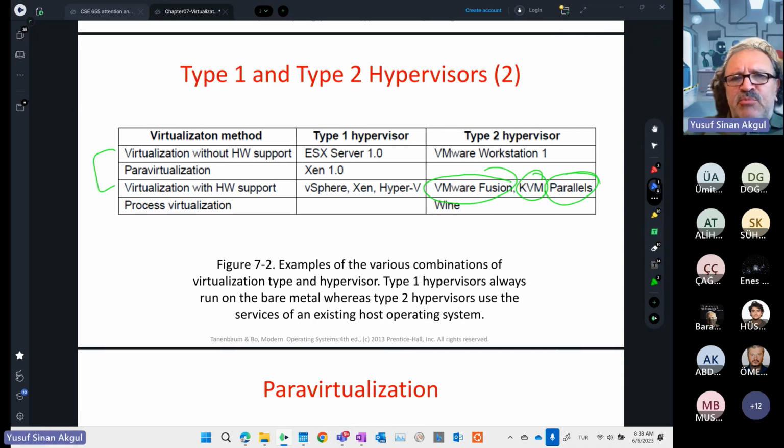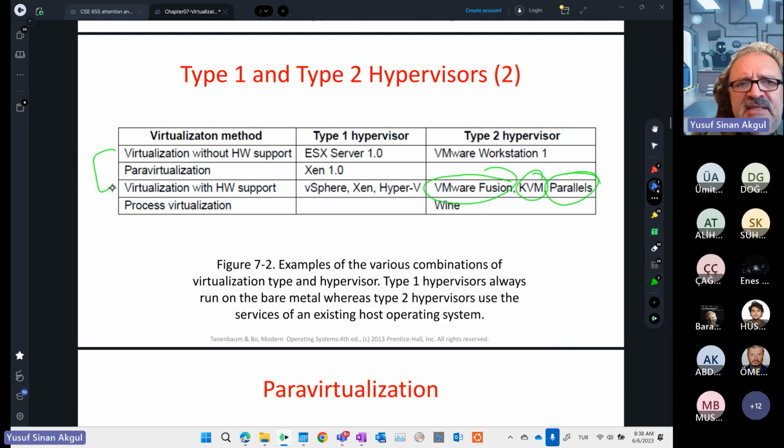Okay, they are type 2 hypervisors, and the corresponding hypervisors in the type 1 category are these. These are all virtualization with hardware support. So these hypervisors get hardware support from the CPU, from the hardware.